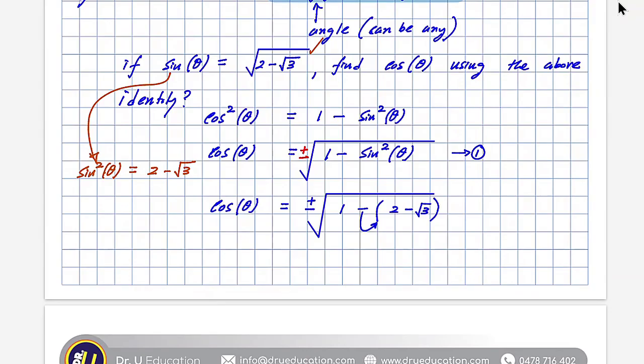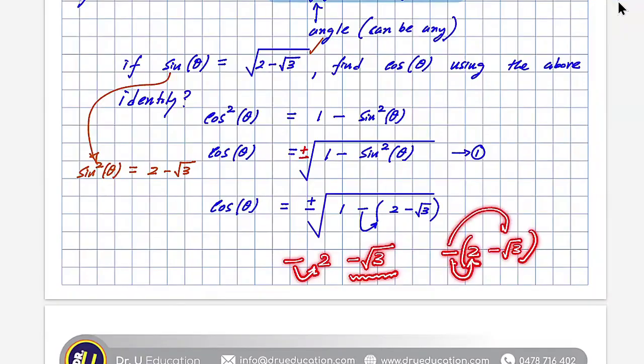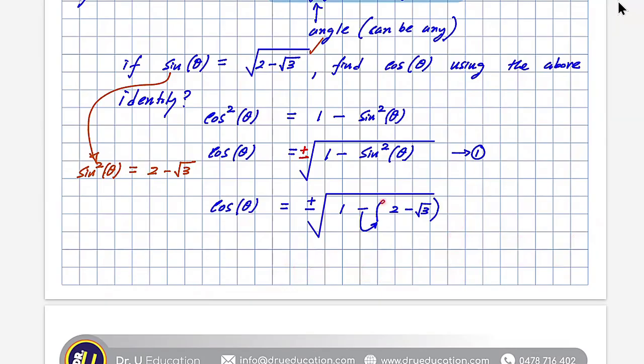If you write minus 2 minus square root 3 without a bracket, then this minus is going to multiply with 2 only, not here. But if you put a bracket, this minus is going to multiply with this as well as this, which is the right way of doing it. So don't make that mistake. So I carefully put that in here. So now I can simplify that further.